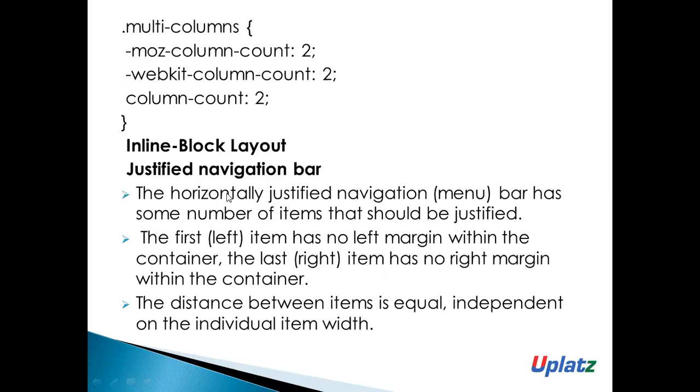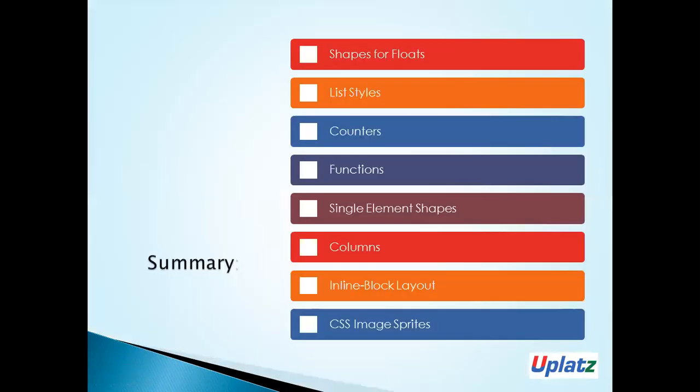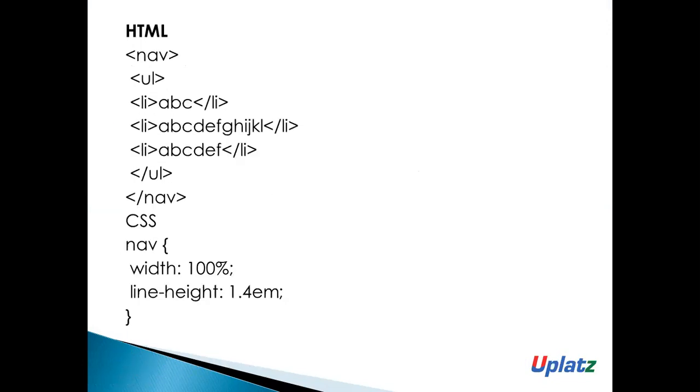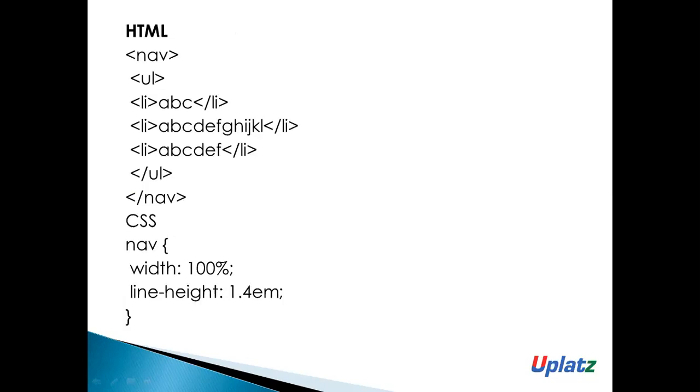So next would be the inline block layout, a justified navigation bar. These horizontally justified navigation menu bars have some number of items that need to be justified. The first left item has no left margin within the container, and the right has nothing either, but the distance would be equal independent of width.